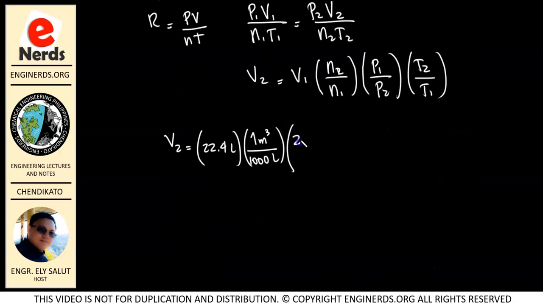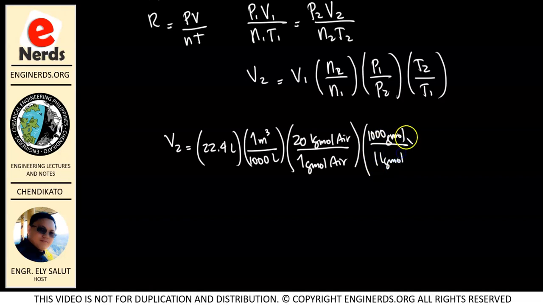So we have 20 kilogram mole of air, and the volume of this is for every 1 gram mole of air. So we need to express this in kilogram mole. So we have 1000 gram mole for every 1 kilogram mole of air.